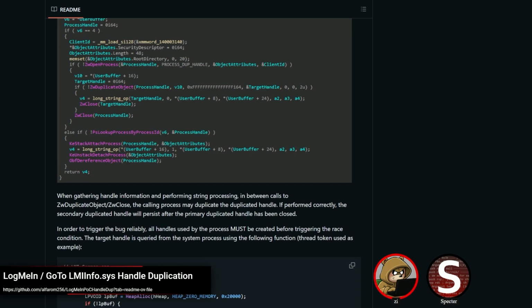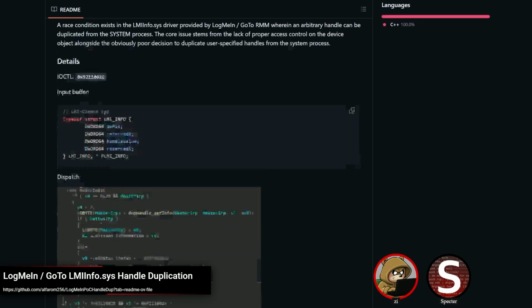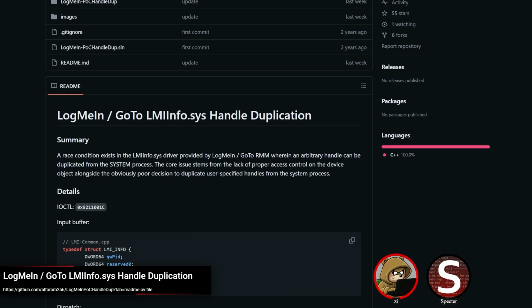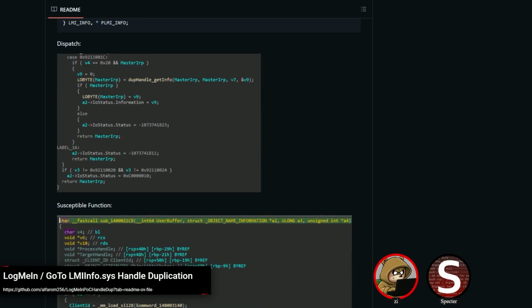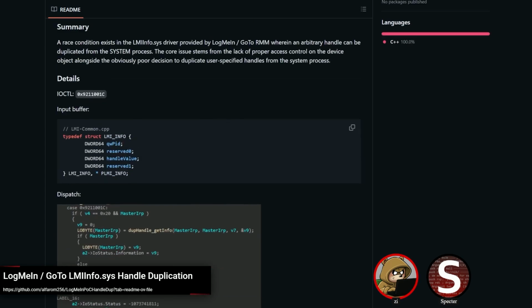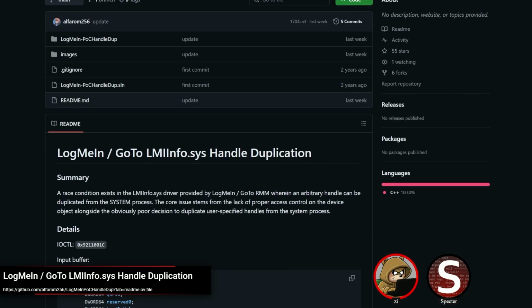During that period, due to the permission structure of the driver itself and the device that LogMeIn creates here, it is possible to open the system process with the process dupe handle. Basically, your process can open the device and duplicate handles that the device has.